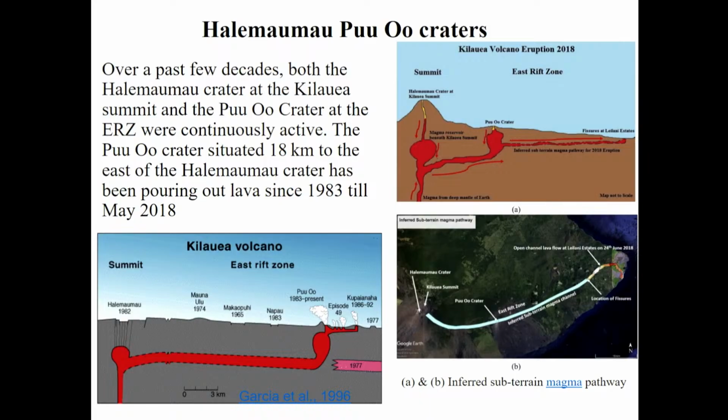And here you can see the subterranean magma channel shown based on the fissure information as well as the model, towards the east rift zone, which could be easily seen here.